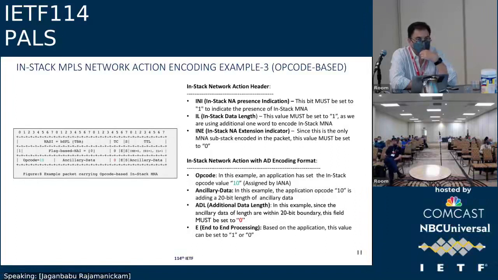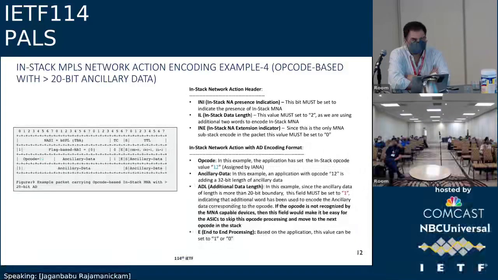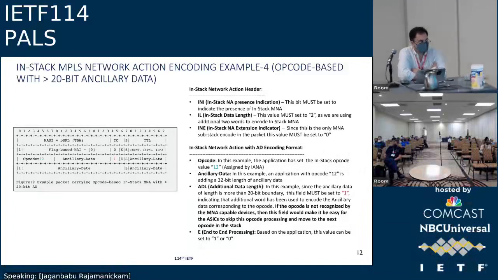Here, since the application opcode 10 doesn't need auxiliary data of more than 20 bits, the ADL field is set to 0. So that indicates that opcode type 10 has the auxiliary data within the 20 bits. Next slide, please.